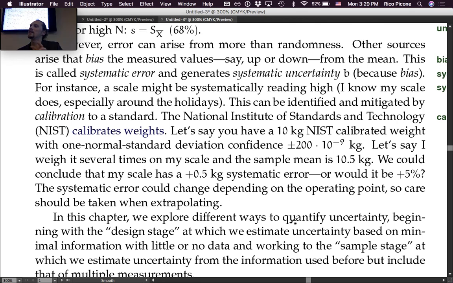So we use a standard to calibrate our scale. Then when I look at my scale, I would say, oh, I need to subtract 0.5 kilograms, or maybe there's a little adjustment I can make on the scale to bring it to the right value, 10 kilograms. Either way would be fine, but we have to recognize that the systematic error might not be some constant value. It might depend on the scale you're working with and the value that you're measuring, and we'll do an example of that today.